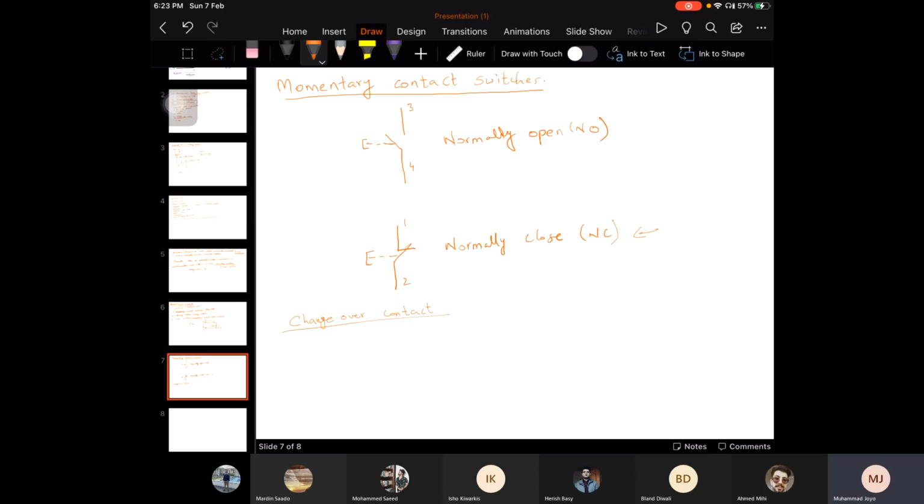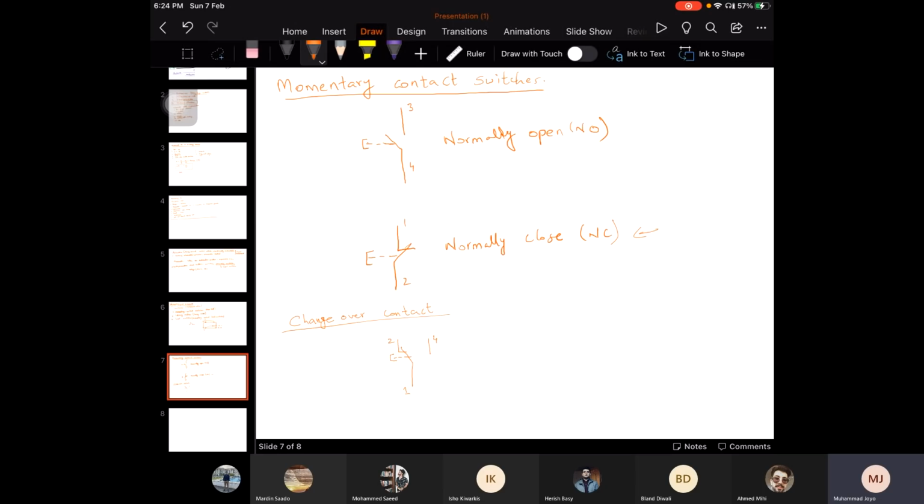Let me draw it, then you'll be able to understand it in a better way. It has both the normally closed and normally open contacts. So this is your pin number two, pin number four, and this is your pin number one. This is actually a changeover contact.